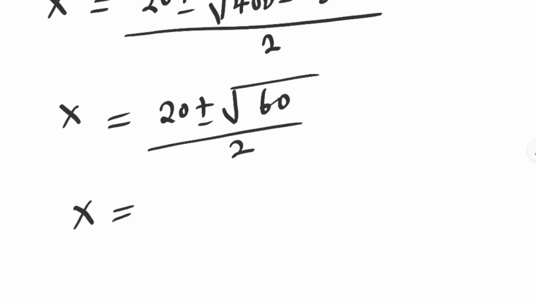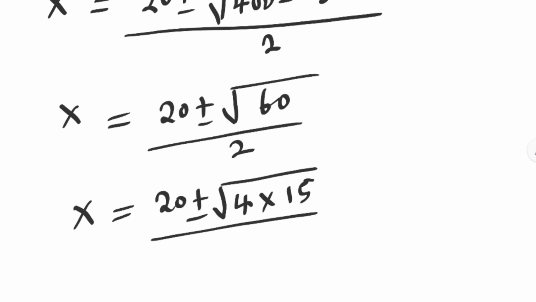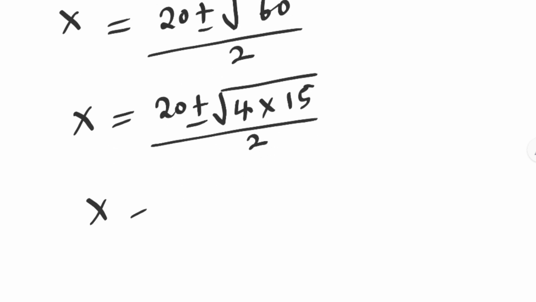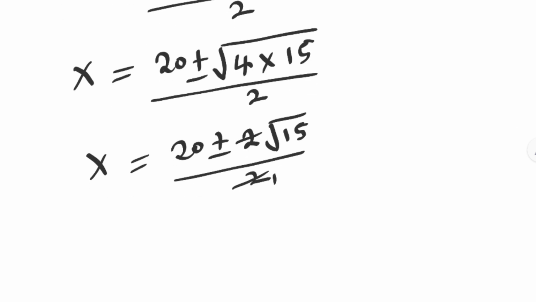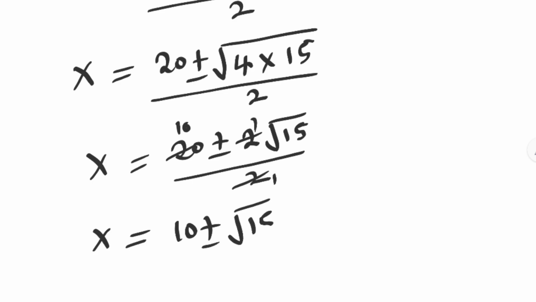x is equal to 20 plus or minus square root of 60, which can be written as 4 multiplied by 15, divided by 2. x is equal to 20 plus or minus square root of 4 is 2, root 15, divided by 2. 2 here 1, 2 here 1, and then 2 here 10. x is equal to 10 plus or minus square root of 15.